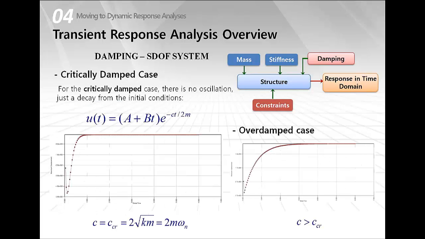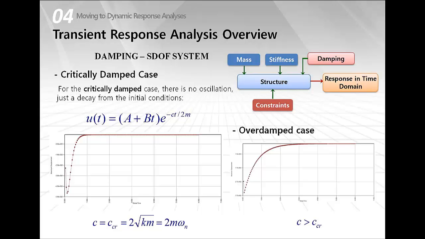The next slide explains the response for the critically damped case, and this will happen when the defined damping coefficient is the same as the critical damping coefficient. You see the definition there. The formula for a single degree of freedom system is shown below the graph.